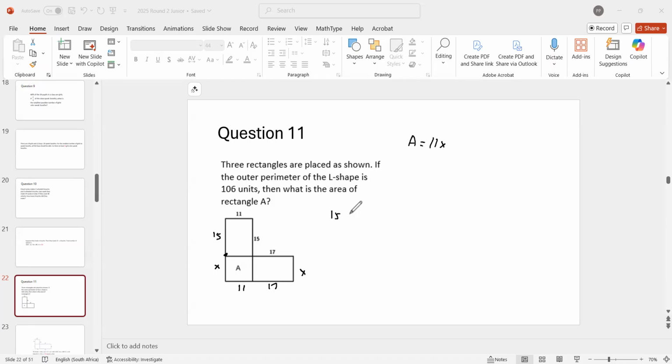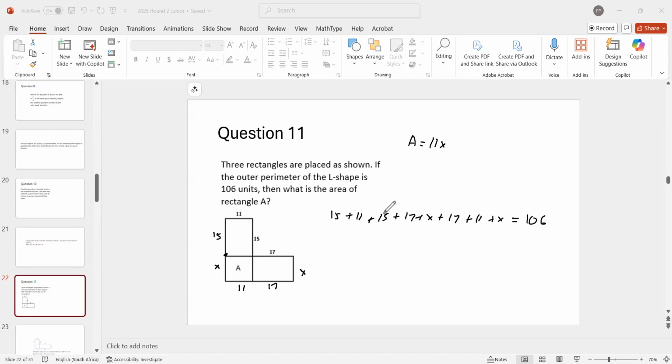Let's put 15 plus 11. I'll just follow the same path that I chose. And that comes back to x, and that is 106.